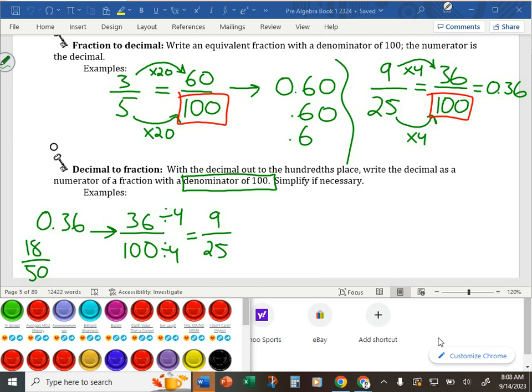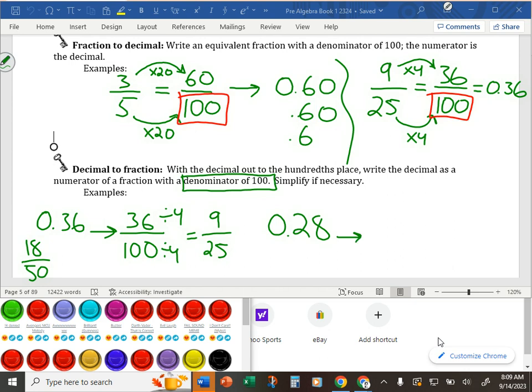All right? Let's go 0.2. Yeah, that's what I was thinking. 0.28. Okay? 0.28. We can read that as 28 hundredths, right? It's out to the hundredths place.